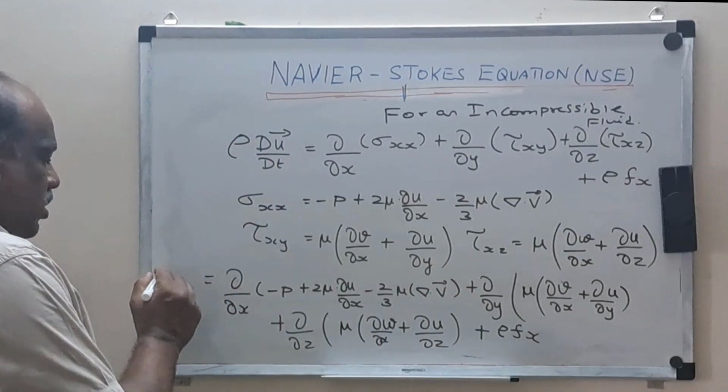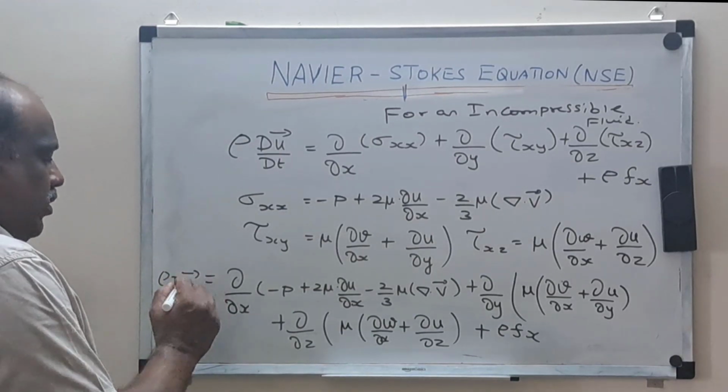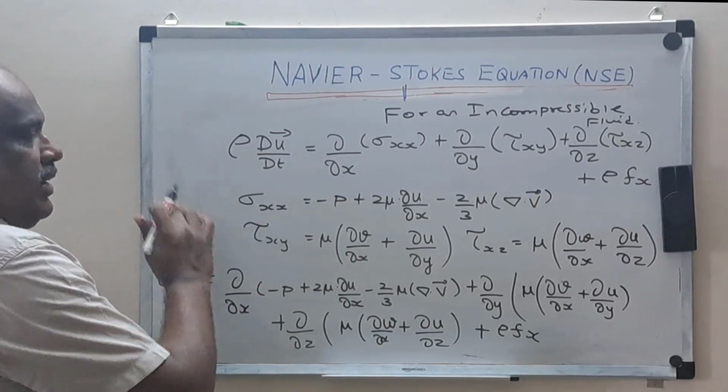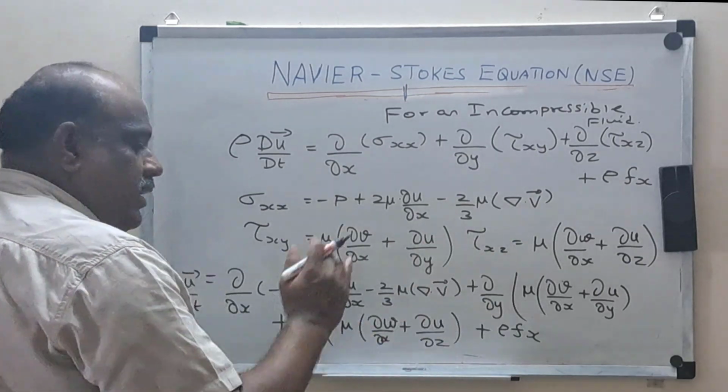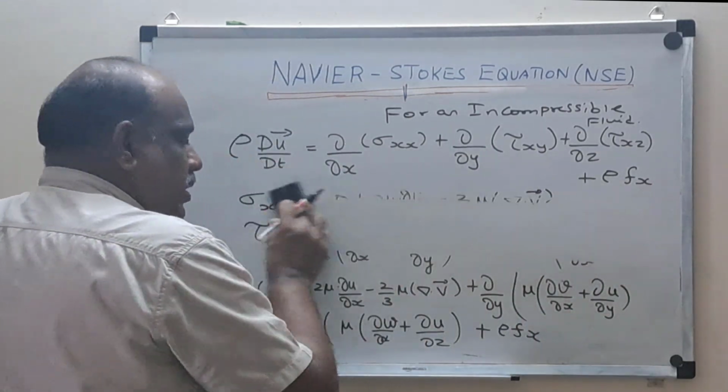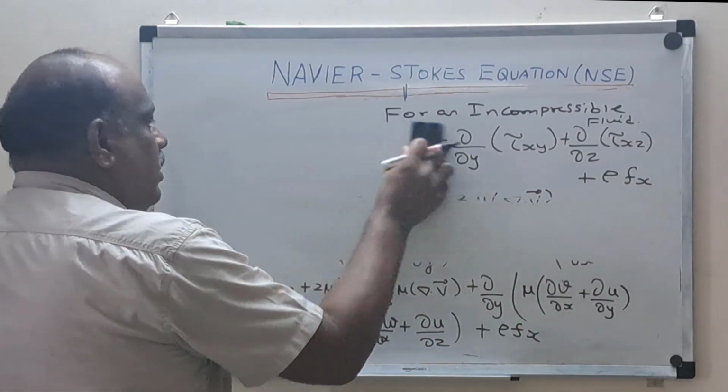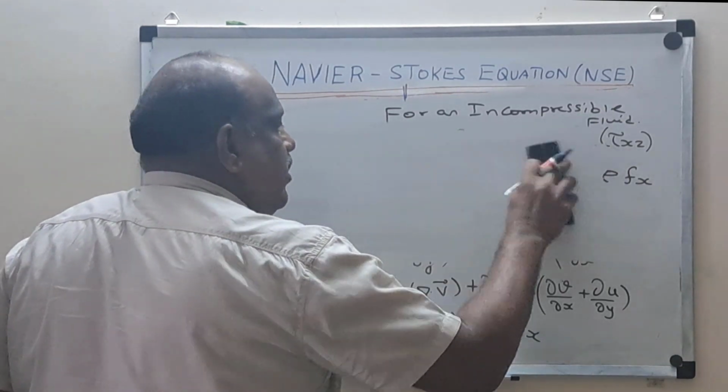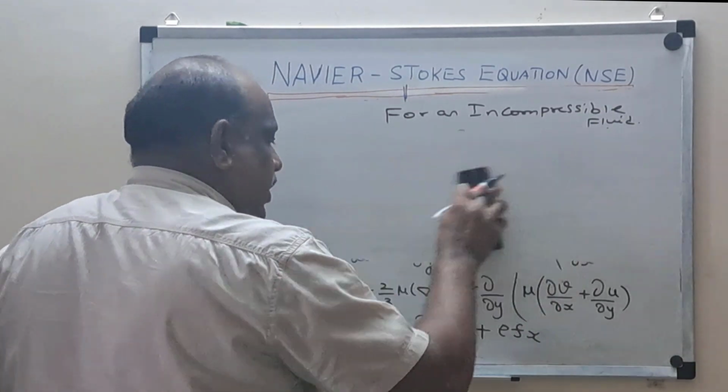The left hand side is rho into du by dt. As I said, I am not going to disturb the left hand side; we are going to work only on the right hand side. Now we are deriving the Navier Stokes equation for the incompressible fluid.